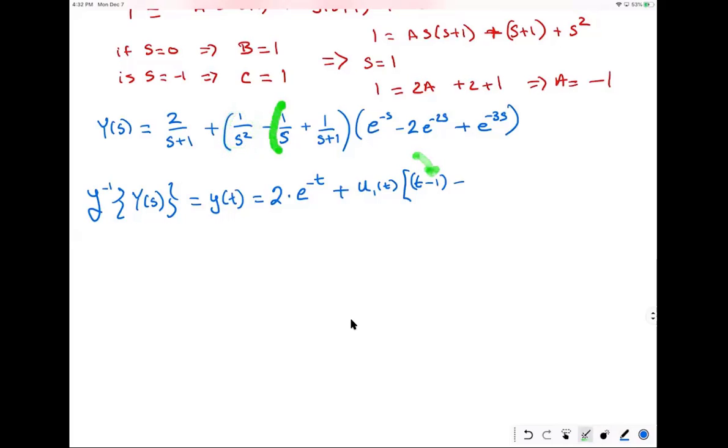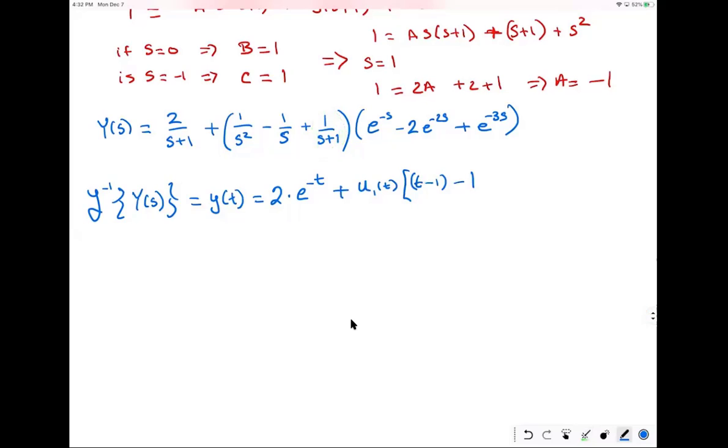Then this is just 1, so there's nowhere to put the t in, so it's just minus 1. And then the last one, from that same number 3, would be 1 over s plus 1.